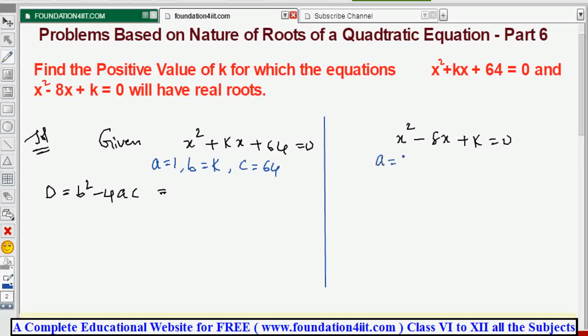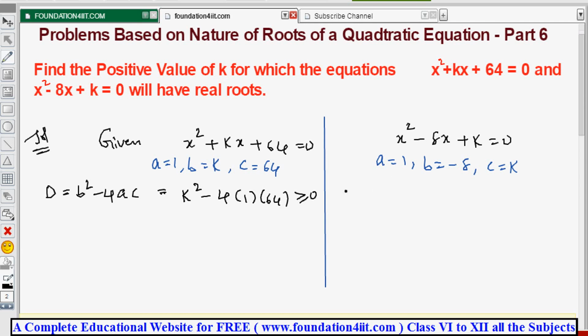Here also a is equal to 1 and b is equal to minus 8, and in the place of c, k is substituted. Now let us find these values. For the first, b square minus 4ac gives k square minus 4 into 1 into 64, which is greater than or equal to 0.